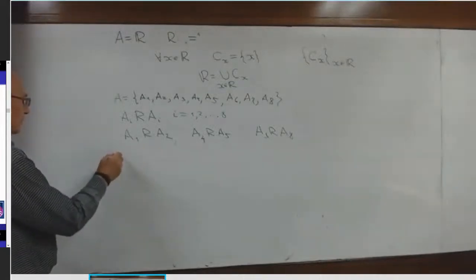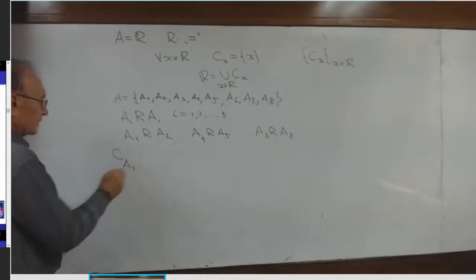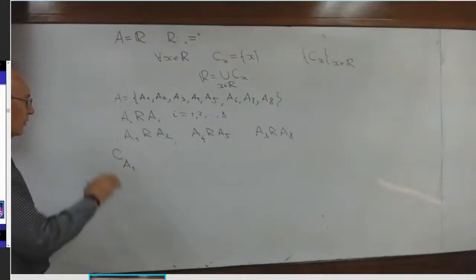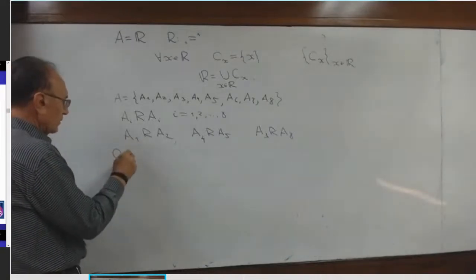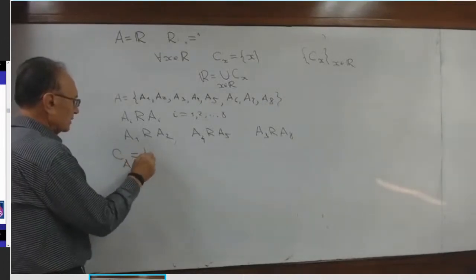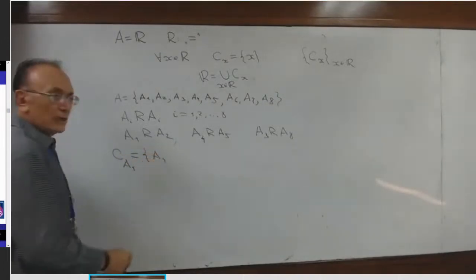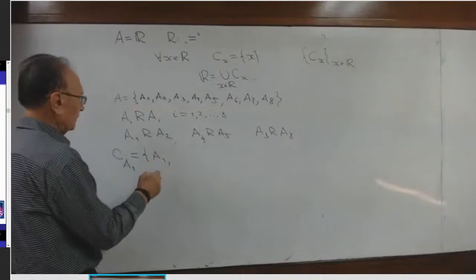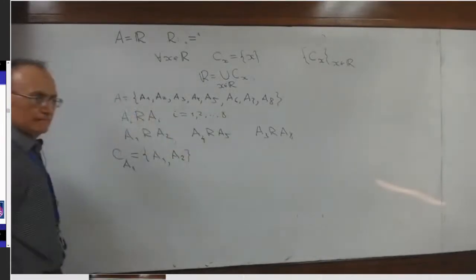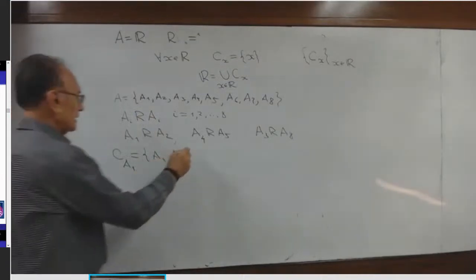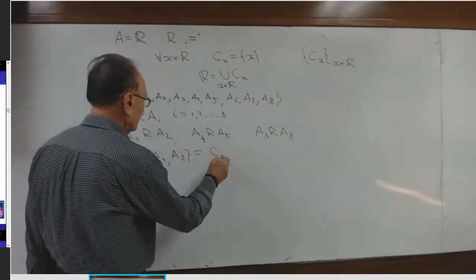Let me now find CA1. I will take all elements equivalent to A1. First of all, it is A1 itself and A2. This is CA2.